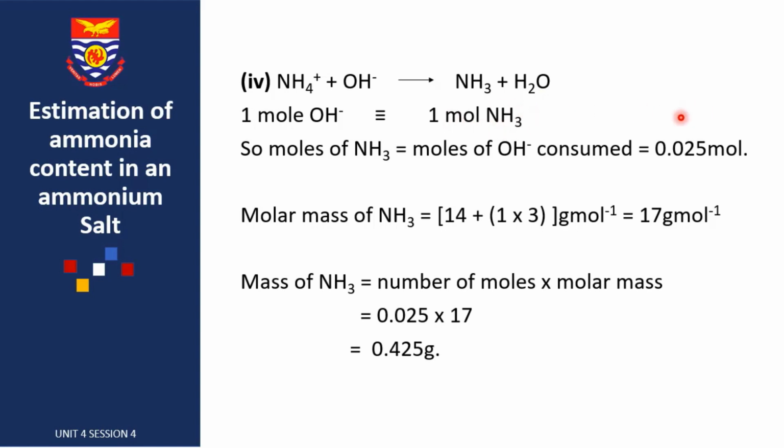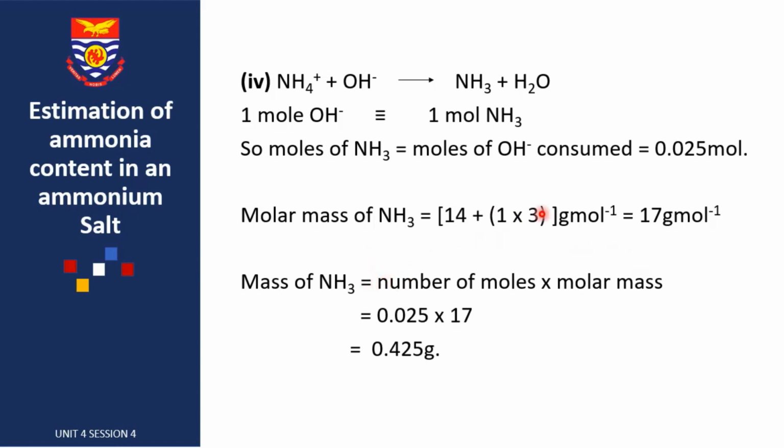So if we know the moles, then we can find the molar mass, that is 17 grams per mole of the ammonia. And if you know the molar mass of the ammonia, we can find the mass from the relation n is equal to small m over capital M. Thus, amount n is equal to mass over molar mass. We make mass the subject, and we have number of moles times molar mass.